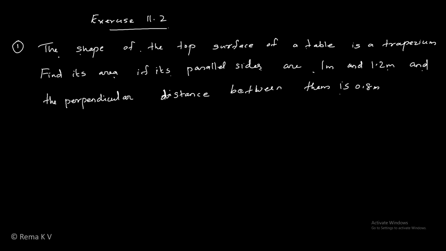So we know how to find the area of a trapezium, and the measurements are given here. What are given in the question and how we have to denote it.